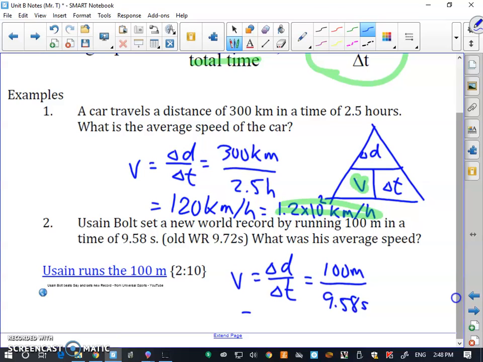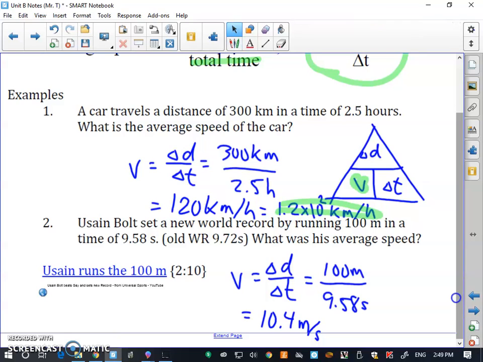Get your calculator out. Here we're going to want 3 significant digits at the end of it. So 100 divided by 9.58, and I get 10.4 meters per second is the unit here. Okay? That gives you a couple of good examples to look at, and then we'll take a look at what's happening next in a moment.